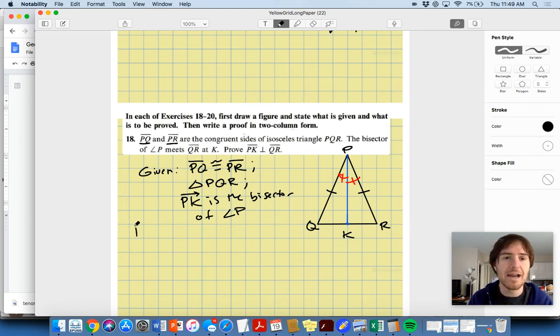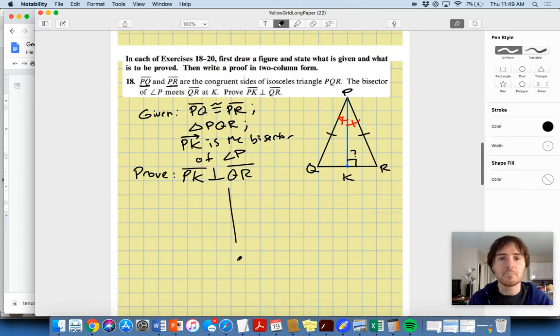What we've got to prove is that the foot of this, where this is going to meet down here, is going to be perpendicular to the base of this triangle. These are called the legs of an isosceles triangle. That's called the base. We'll get into that perhaps next class. Okie dokie. So we're going to prove that PK is perpendicular to QR, and let's do that now.